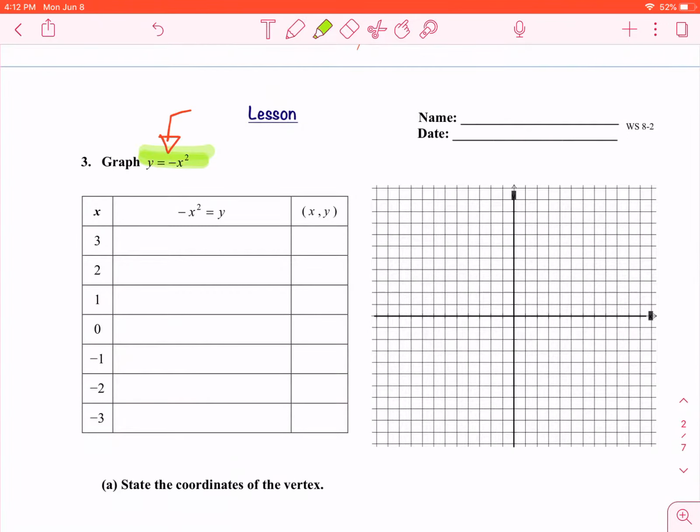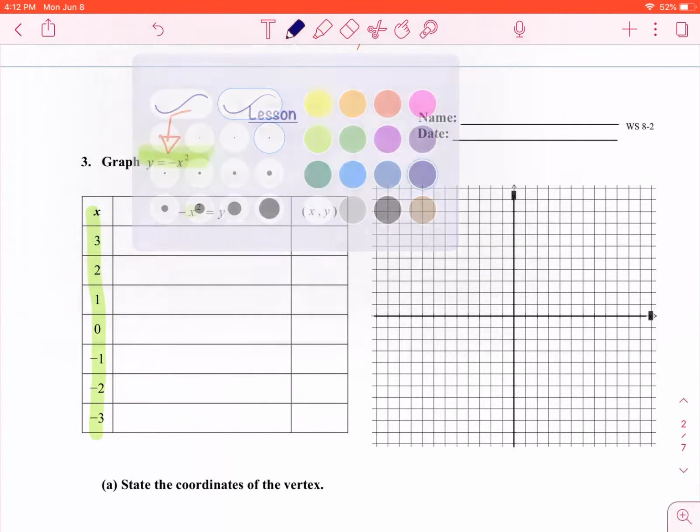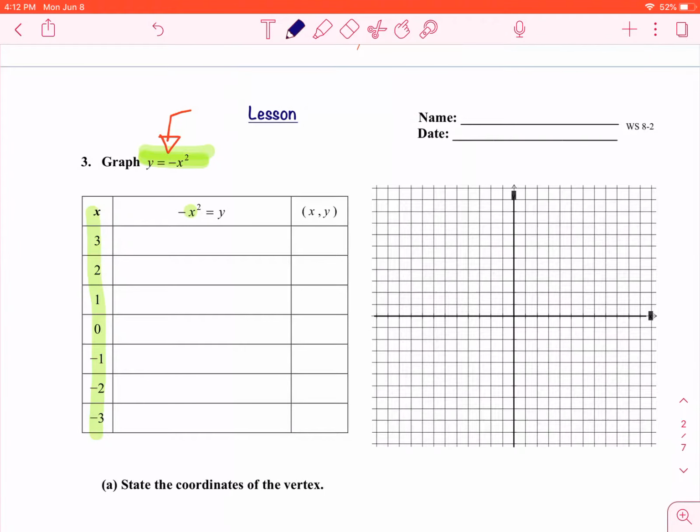Okay, so I'm going to take all of my x values, and in this case, I'm just subbing it in to one spot. This is really important because when you sub in 3, notice how that negative is always going to stand outside because it's part of the equation.